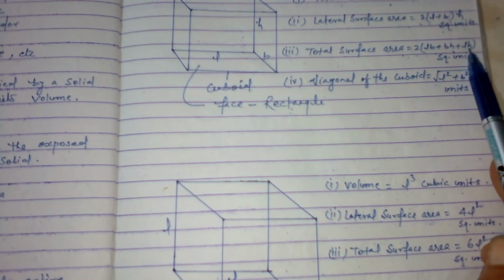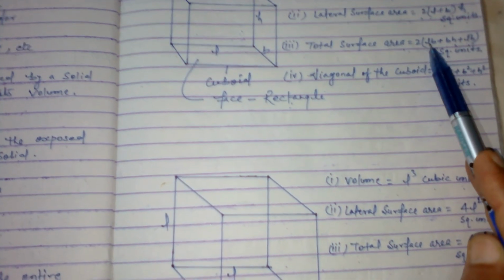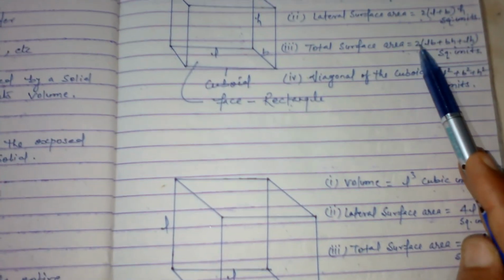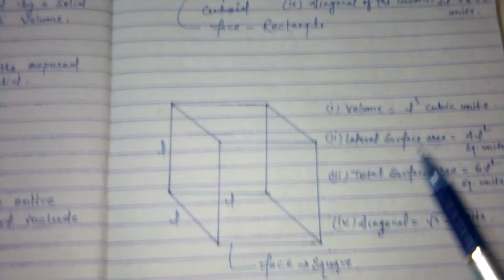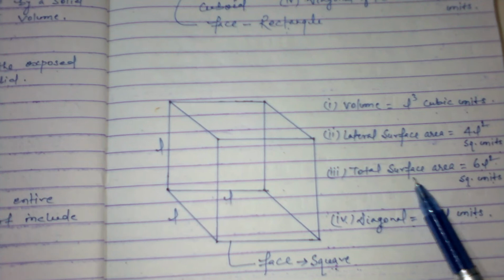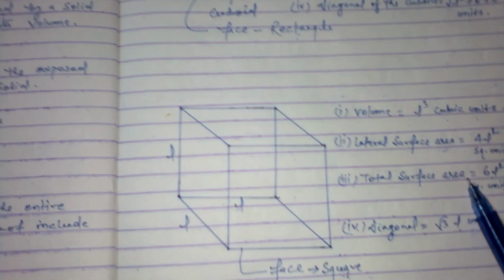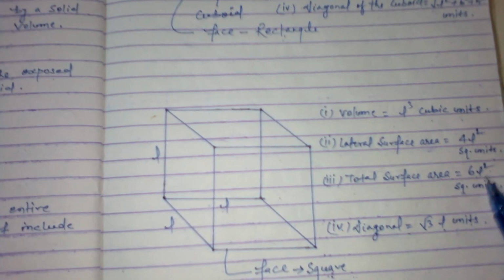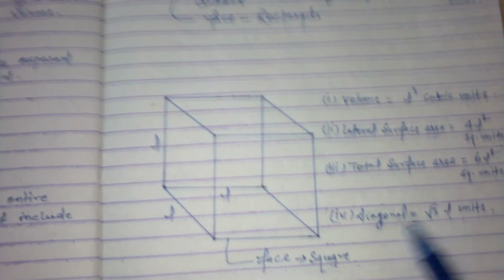That is L square, L square, L square, 3L square, into 2 gives 6L square. Therefore total surface area of cube will be 6L square units.